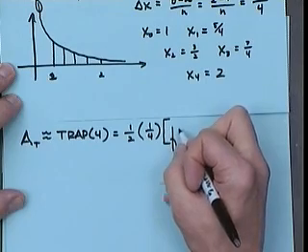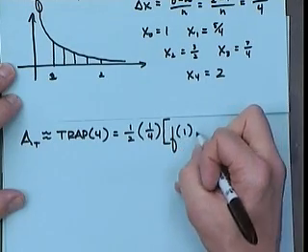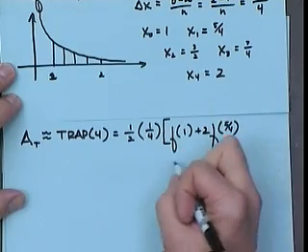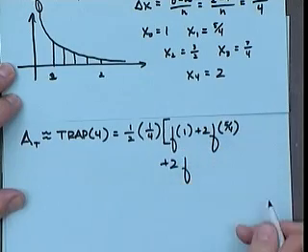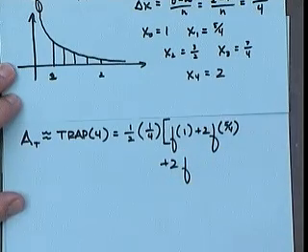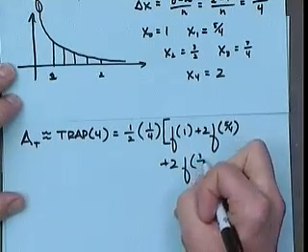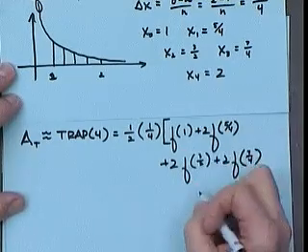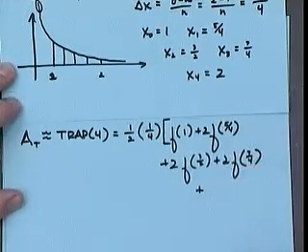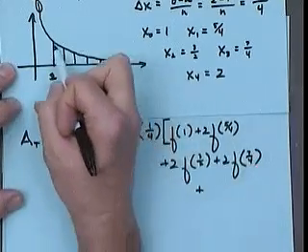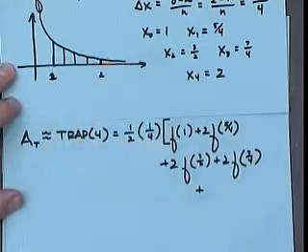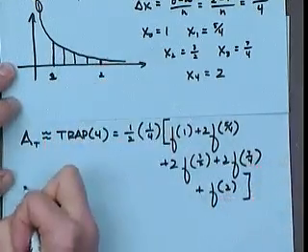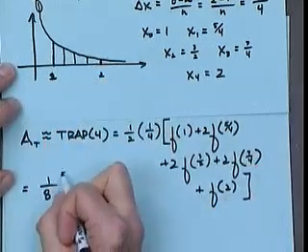F of x0 should be f of 1, 2 f of 1.25 or 5/4. Aren't all these intermediate coefficients 2, right? F of 3/2, f of 7/4, and now we're at the last one. That technically is only in one trapezoid, the same as this one is only in one trapezoid. F of 2. So we've got a 1/8.